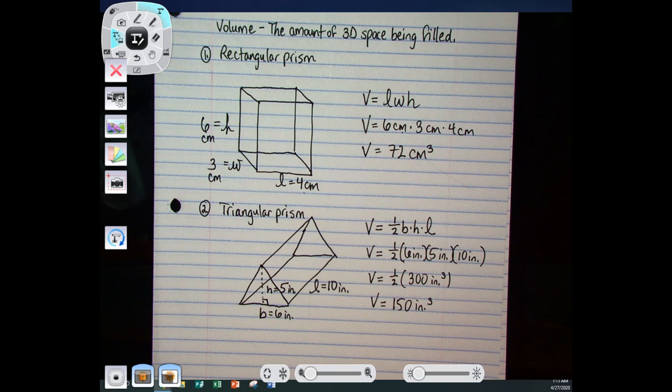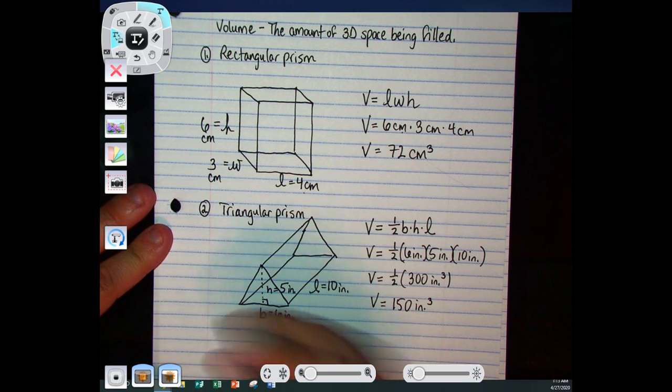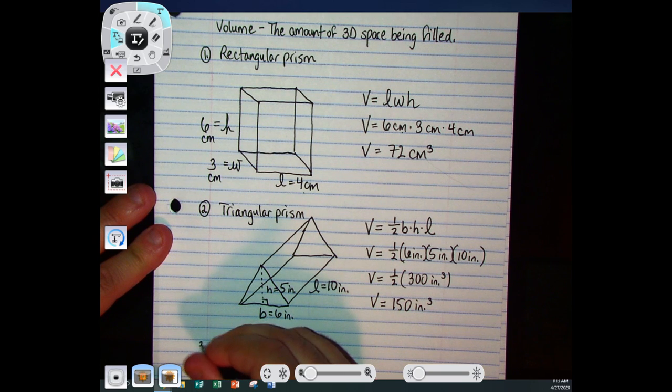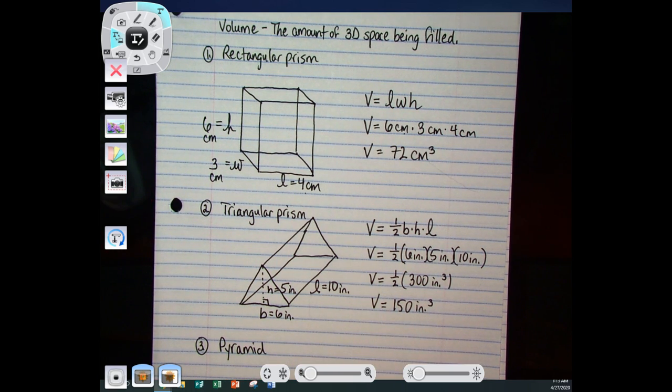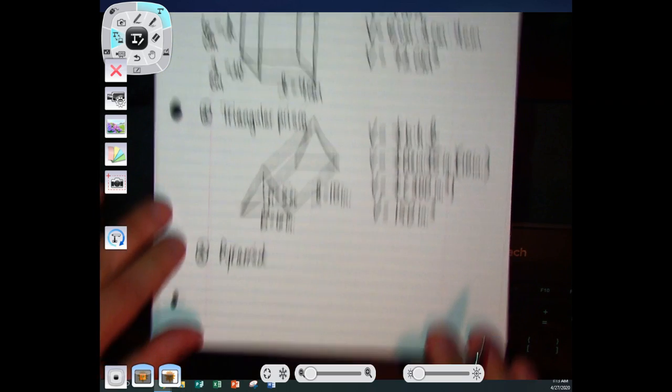The last one that we're going to look at here in this video is a pyramid. So with a pyramid, the big thing here is that all the sides of the pyramid are triangles. And then depending on if they give you a triangular base or a square or a rectangle will depend on what else it looks like.